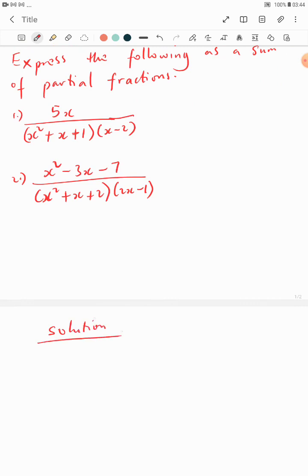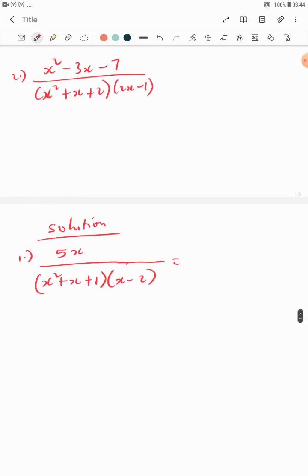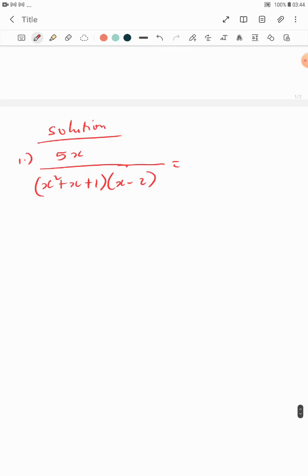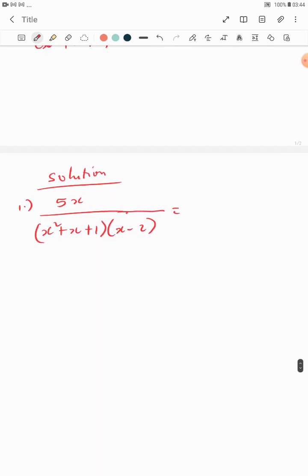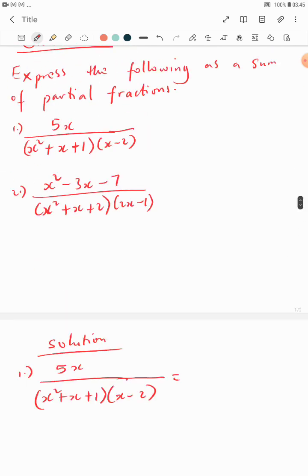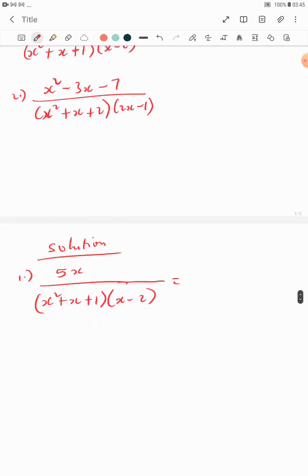So we have the solution. Number one, we have 5x over x squared plus x plus 1. If you want to learn more about the fundamentals of this, I've treated it in the second video that I posted on partial fraction.